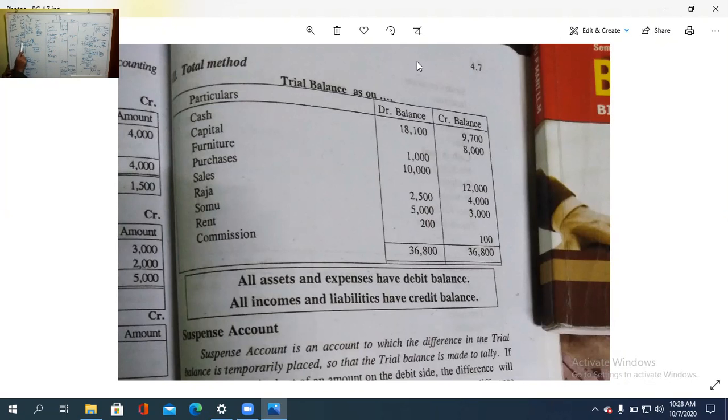Wherever the total, see, and capital, both sides should be 8,000. Then purchases 10,000, because there is no item on the other side. Sales 12,000, no item on the other side. Like the same, Raja on the debit total is 2,500 and the credit total is 4,000. And so 5,000 on the debit side and 3,000 on the credit side. In that way, this is the totaling up method.